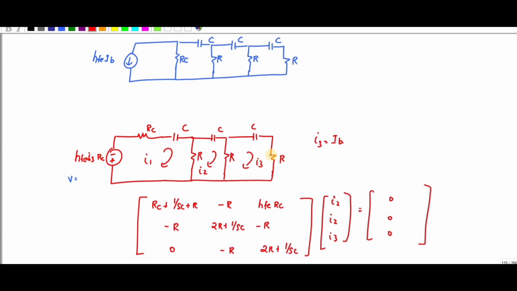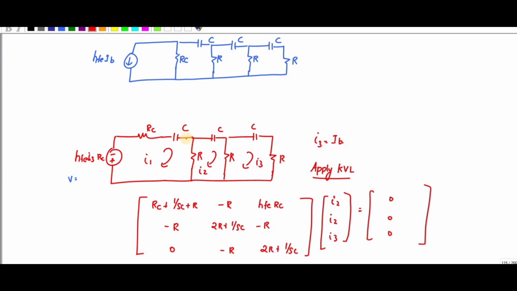So if you see the first equation, you are applying KVL. If I apply KVL for this loop, how many resistances are there? RC and R, and one capacitance is there, so 1 divided by SC.